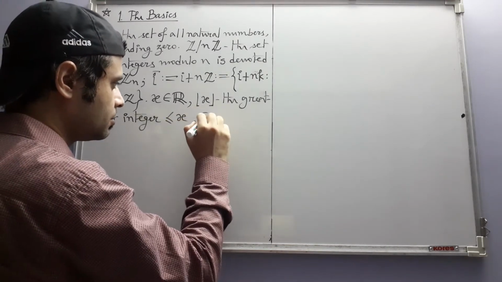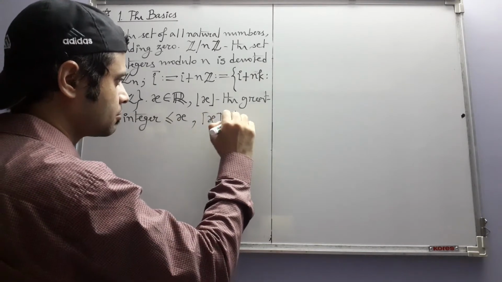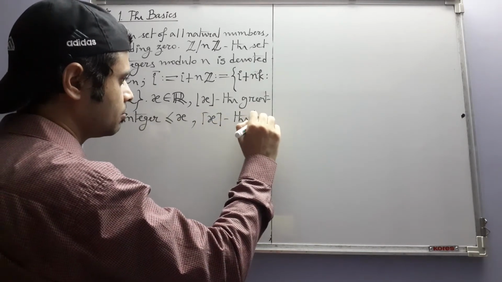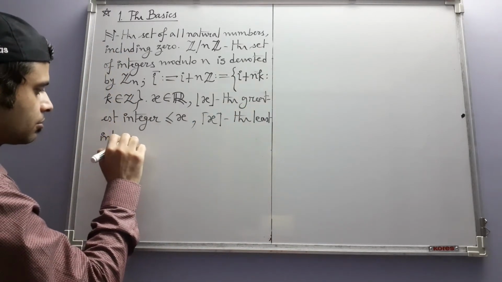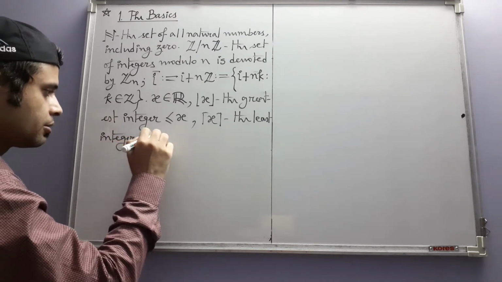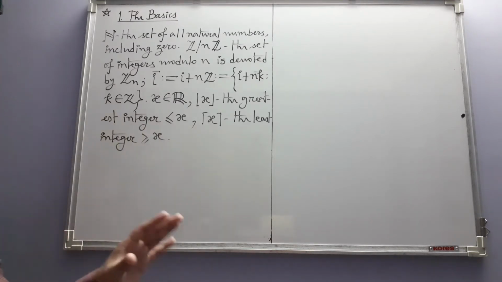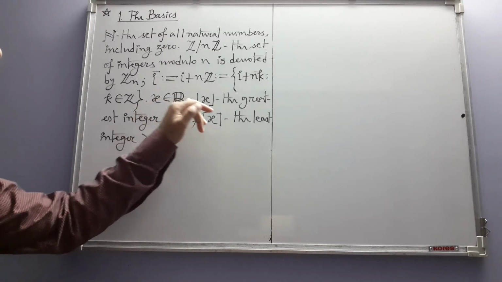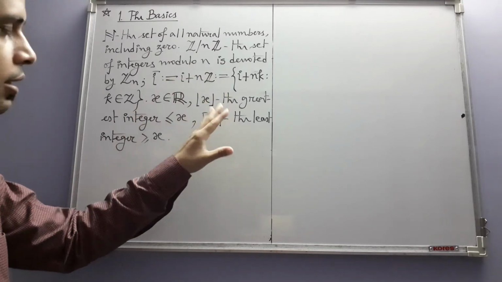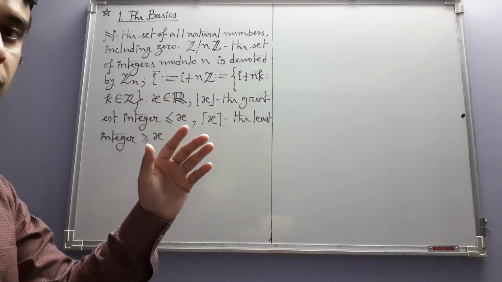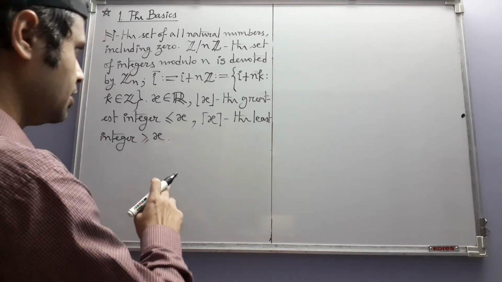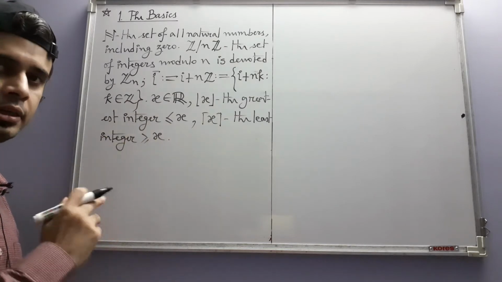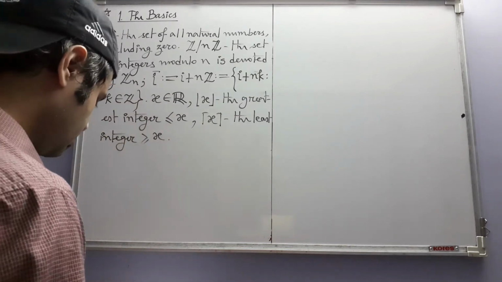And by this symbol we mean the least integer greater than or equal to x. The function that maps x onto this integer is also known as the floor function, and this one is known as the ceiling function. Each one of them has real number input and integer output. Okay.